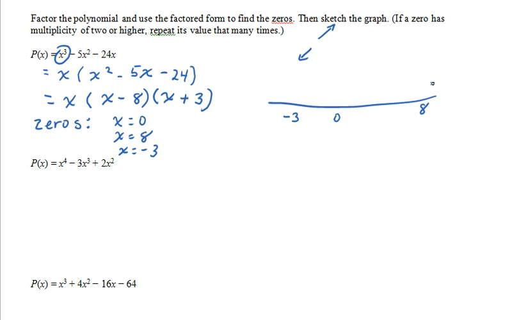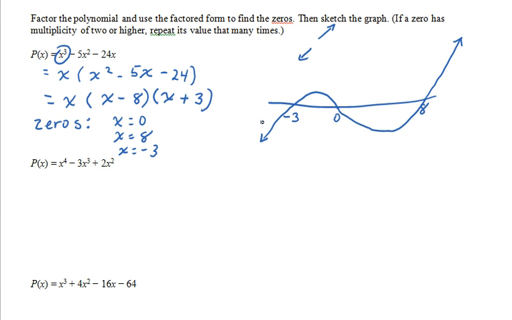And the graph will be coming from below the x-axis to the smallest x-intercept, return down to the x-axis at x equals 0, go below the x-axis until it gets to x equals 8, and then beyond the largest x-intercept continue to increase.